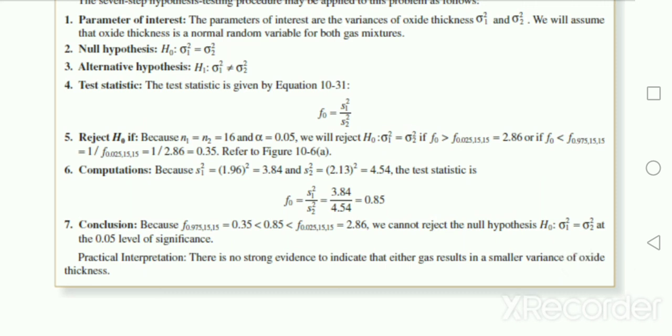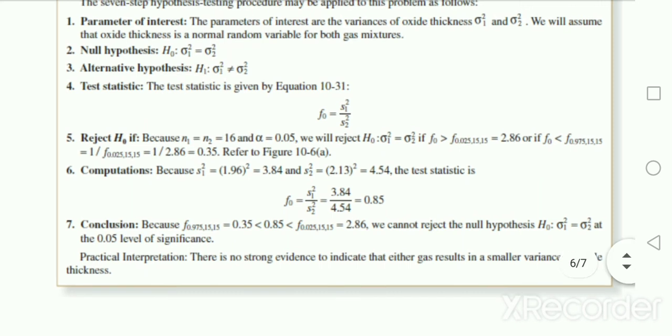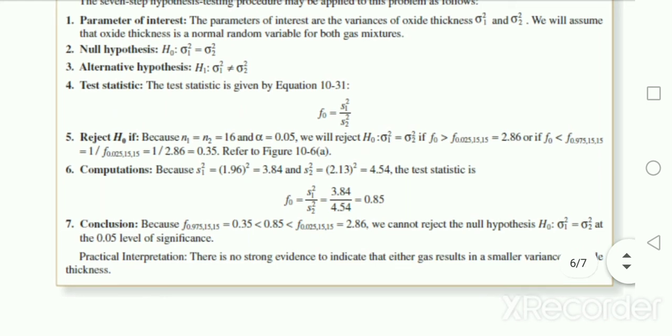The value of F naught, S1 square divided by S2 square, is 0.85. This 0.85 is less than 2.86 and also greater than 0.35.